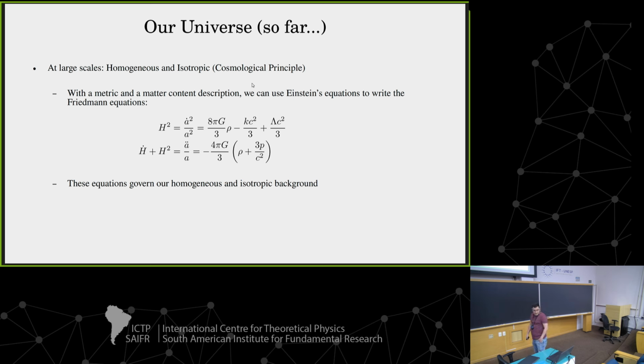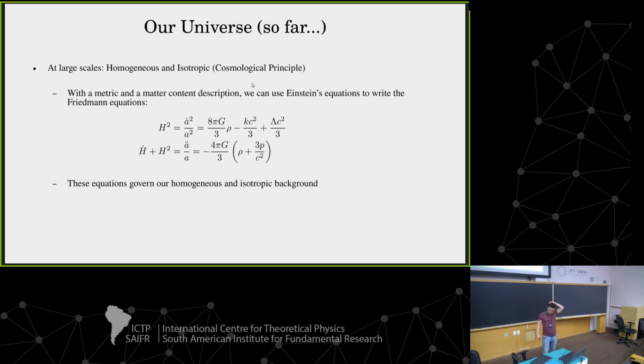Okay, it's going to relate how much all of the density of the ingredients that we have in the universe, and also the curvature. And the second equation is just the Raychaudhuri equation, which is the equation that is going to give the evolution of the scale factor. The scale factor is connected to the redshift, and so this is just going to control how much the universe expands. Okay?